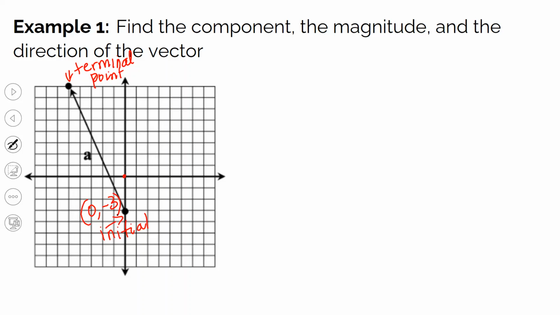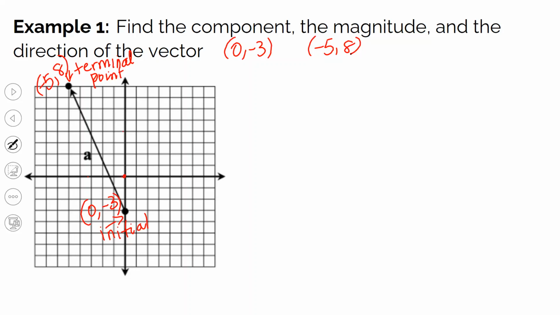For the terminal point, the x value, we went 1, 2, 3, 4, 5, so it's -5, and going up 1, 2, 3, 4, 5, 6, 7, 8, the y value is 8. So vector A starts from (0, -3) and ends at (-5, 8).